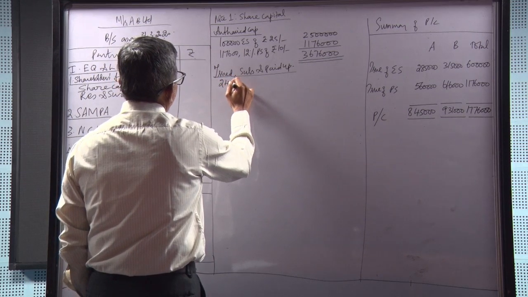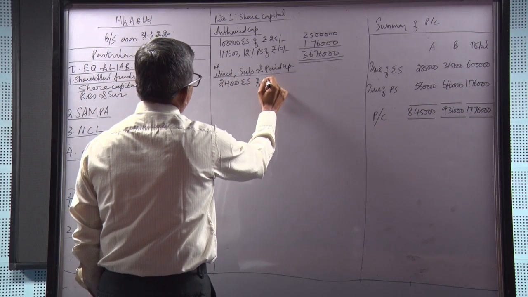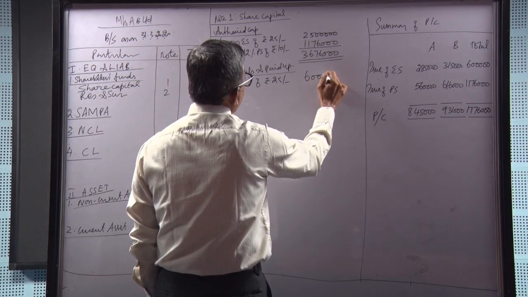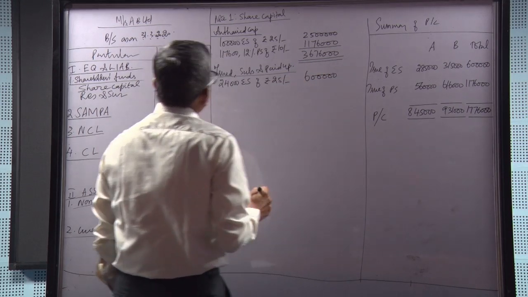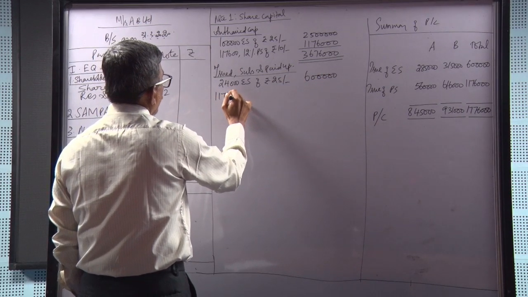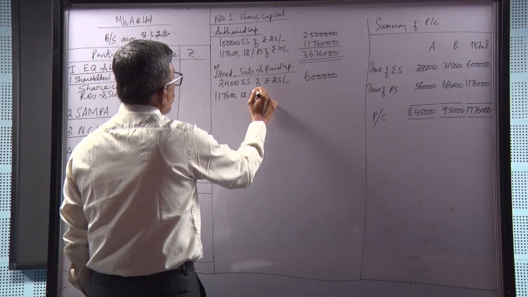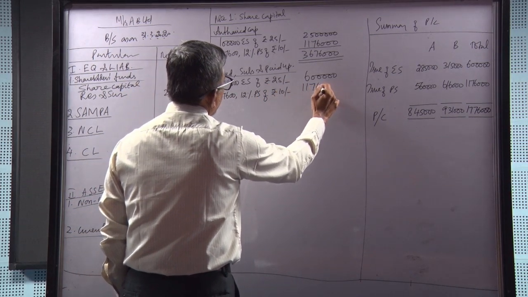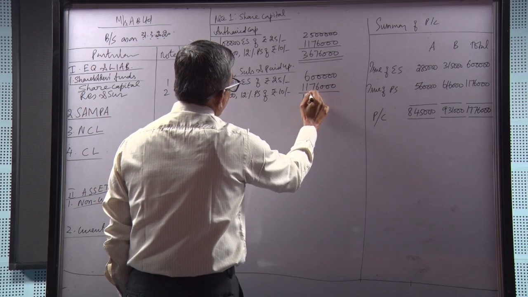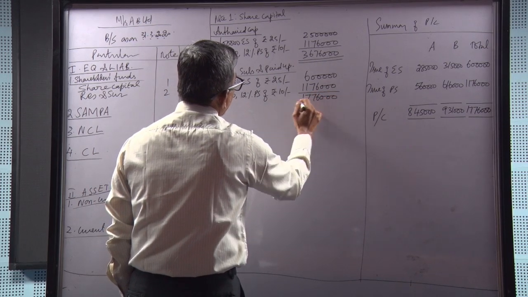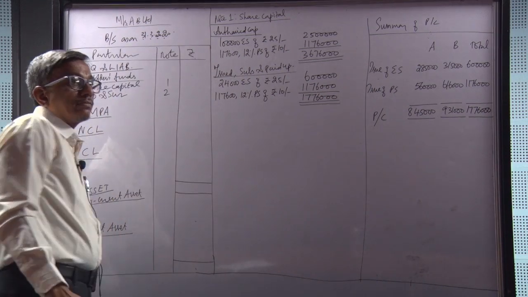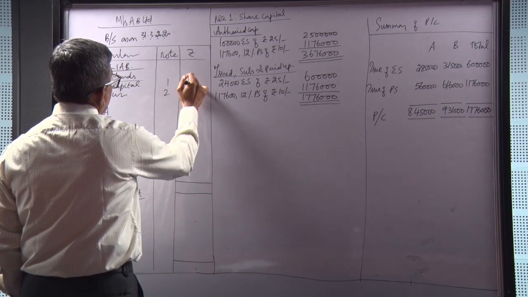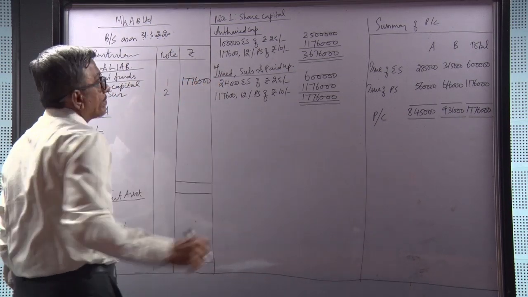So 24,000 equity shares of rupees 25 have been issued, that is 6 lakhs. 1,17,600 12% preference shares of 10 have also been issued, that is 11,76,000. Total 17,76,000. Therefore, the share capital in the balance sheet will be 17,76,000.